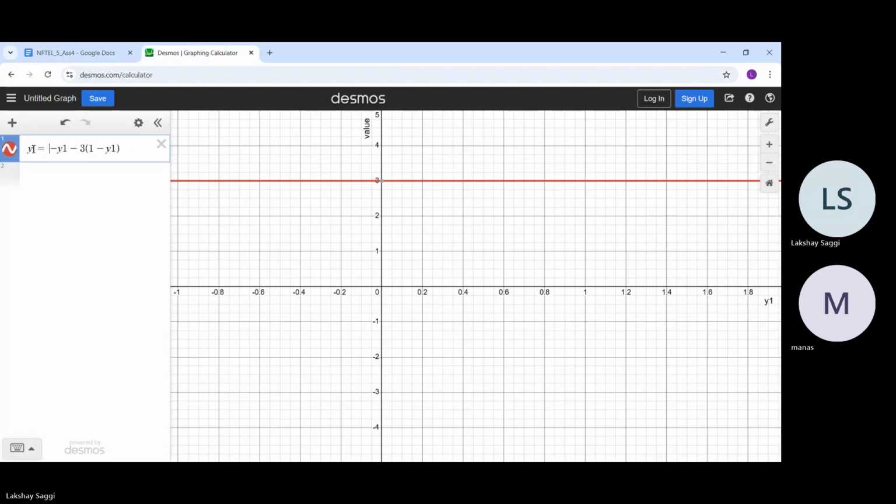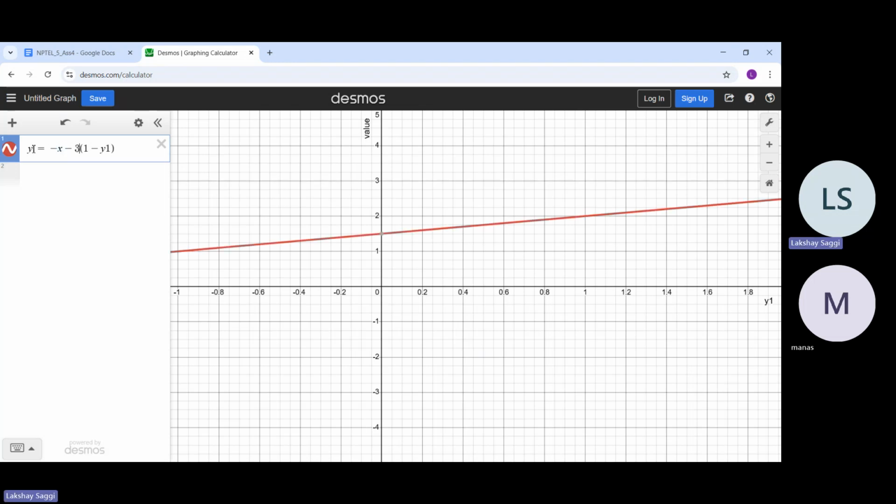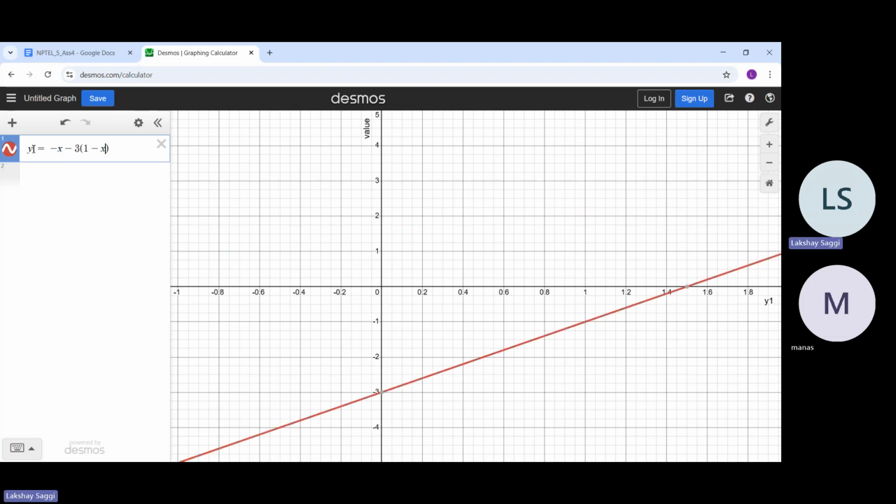So y equals minus x minus 3 times 1 minus x. This is the kind of plot I want, and I just want to restrict it to 0 to 1.